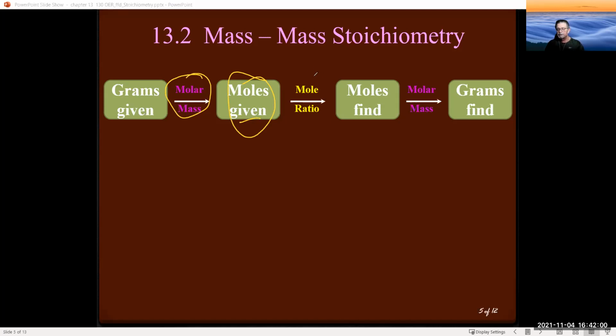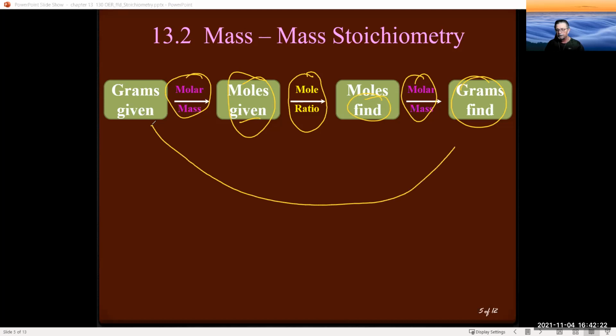Then, based on the balanced chemical equation, we get the mole ratio, which relates us to the moles of what we're trying to find. And knowing its molar mass, guess what? Now we have the grams of what we're being asked to determine. We cannot go grams to grams directly. You have to go through moles.